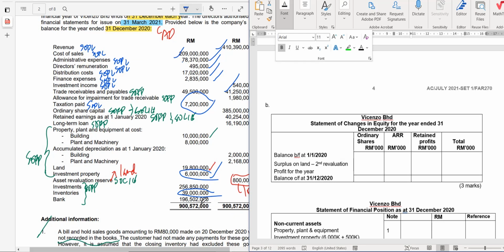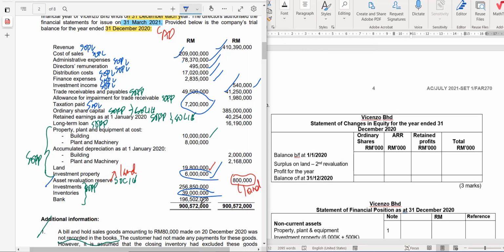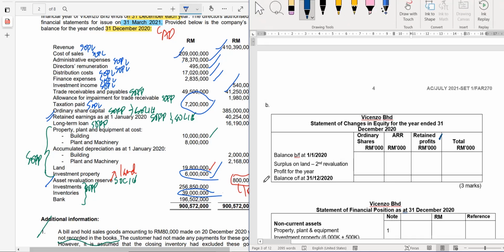The statement of changes in equity will focus on the items of equity: asset revaluation reserve, retained profit, and ordinary share capital. So we include those columns here. You can see the three columns, and I also included a total column. The first thing first, put the balance that was given in the trial balance.